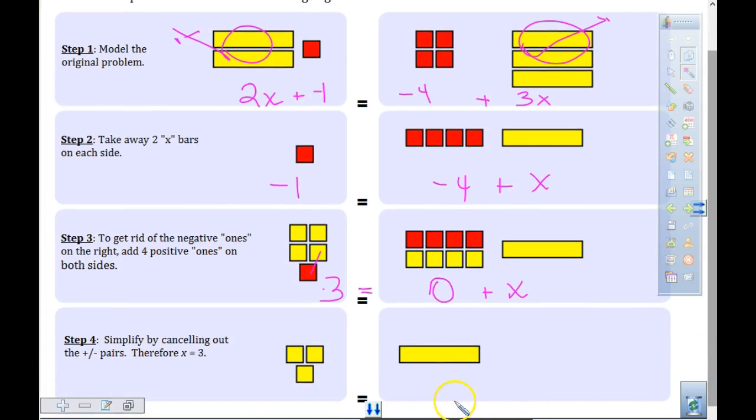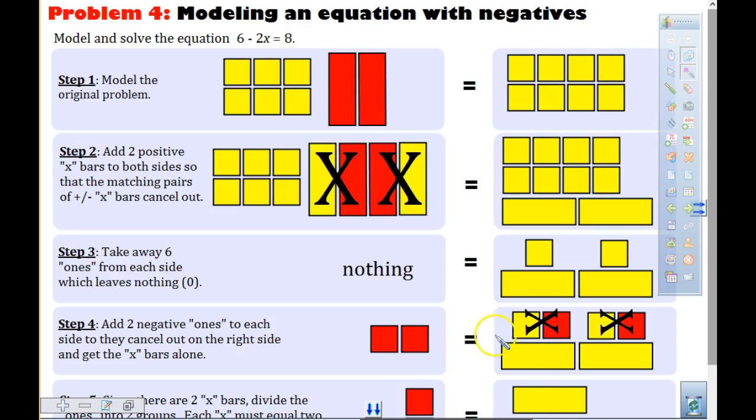Now, I know some of you, this helps you, and some of you are like, Ms. Thompson, this doesn't make any sense. I hate doing this. Okay? I just want you to keep in mind that we always have to add the negatives to make it positive. So again, if we look at this one, 6 minus 2x on the top of that next page, 6 minus 2x was equal to 8.